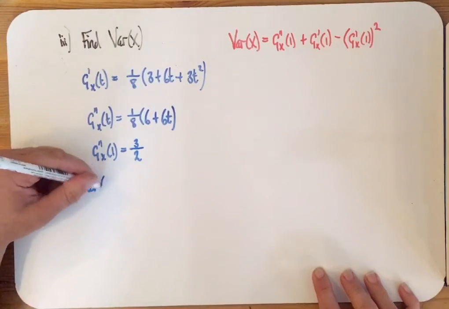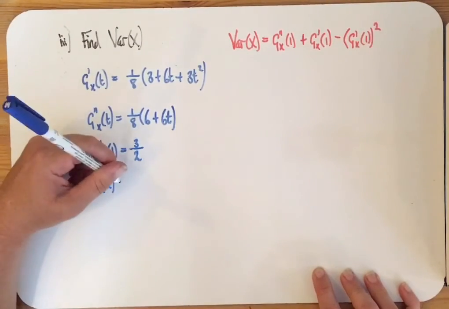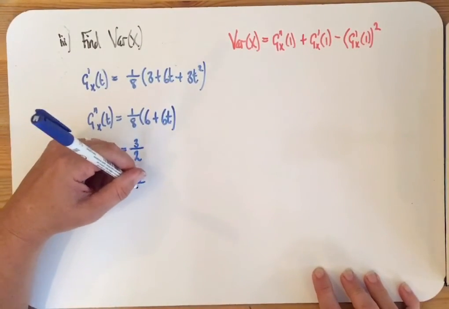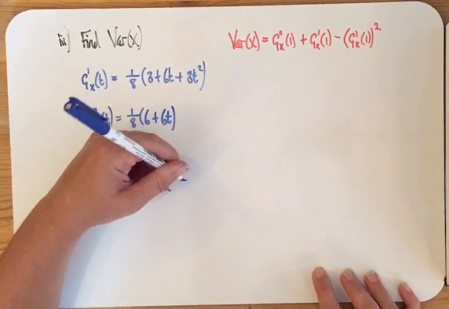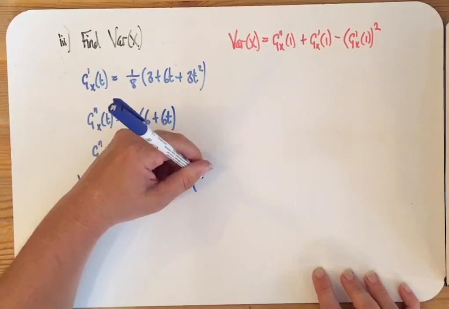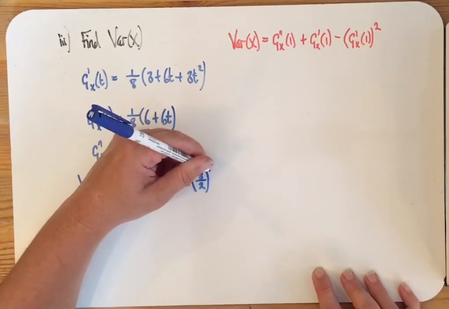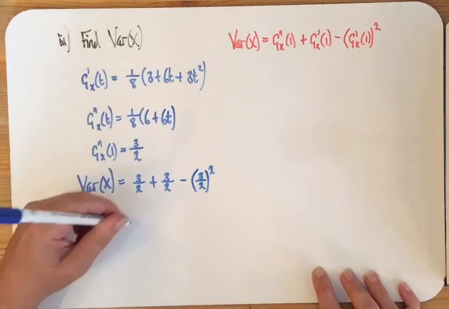And so the variance of x is equal to 3 over 2 plus 3 over 2 minus, sorry, there's lots of 3 over 2's in this, but I think it's quite straightforward, minus (3 over 2) squared.